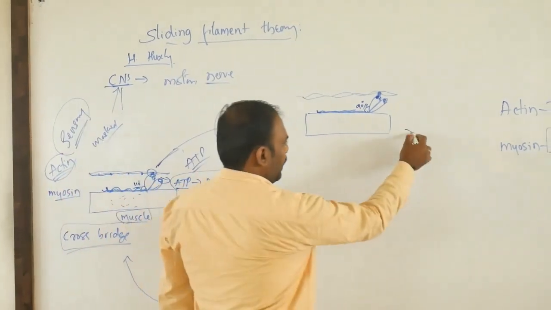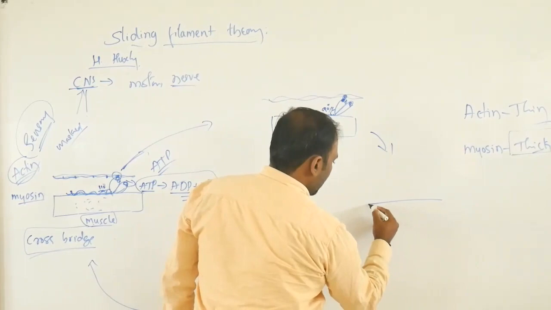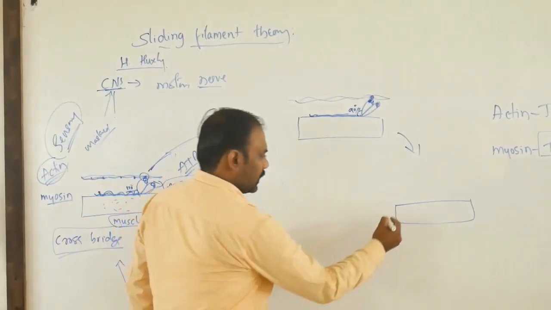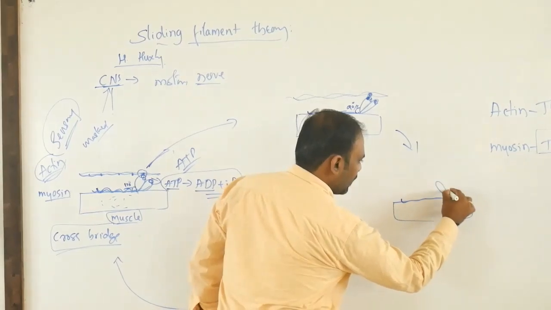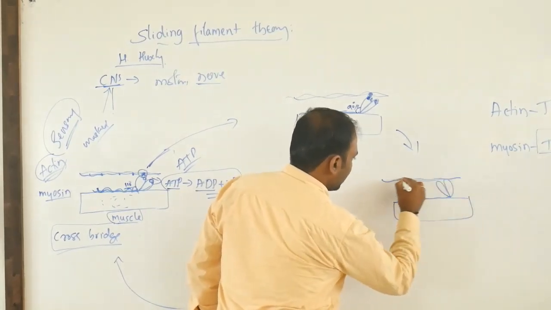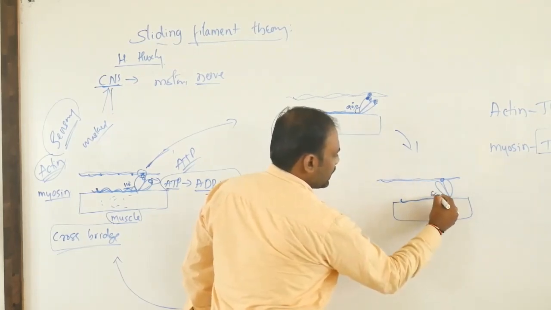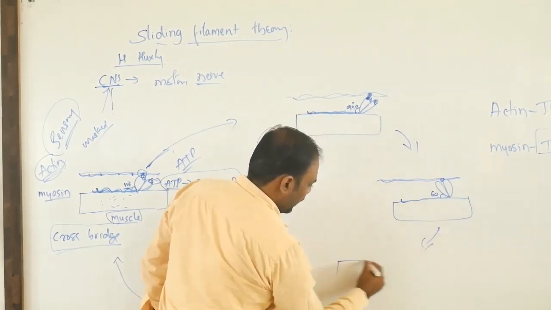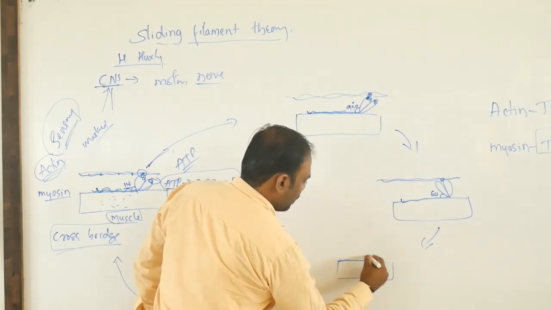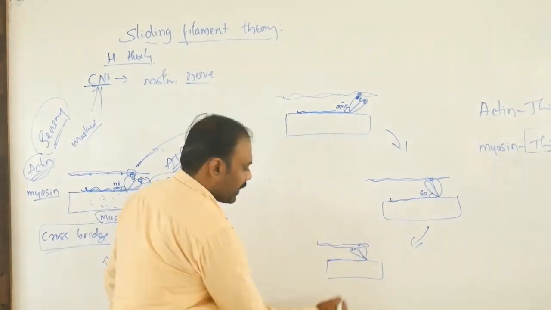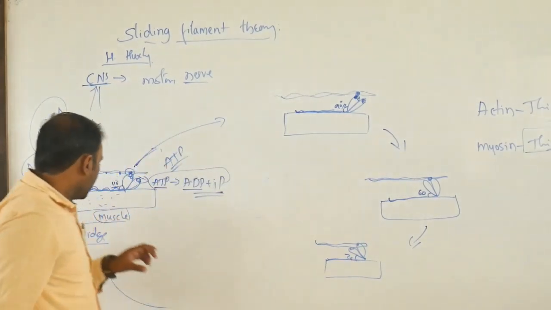In the next step, again it will be the same. Now you can understand by the diagrammatic representation. The angle becomes 90 to 60, and in one more diagram it will become 30.